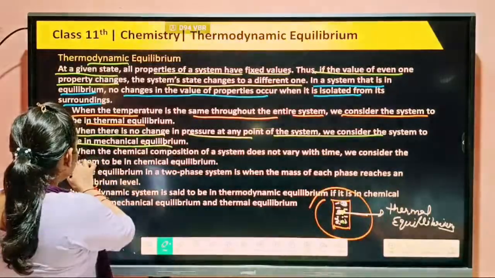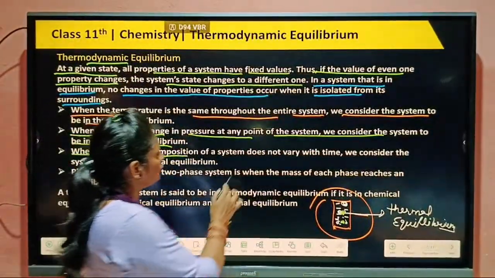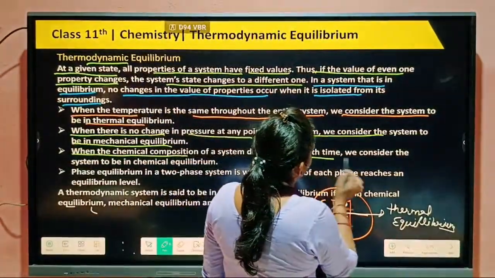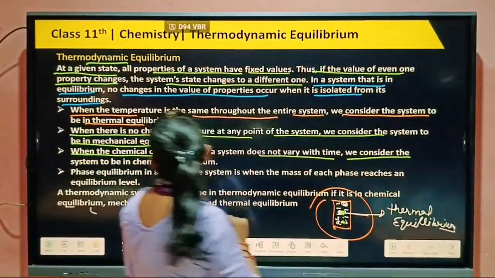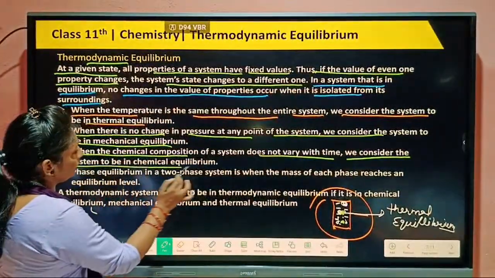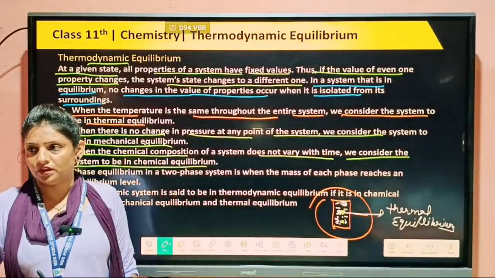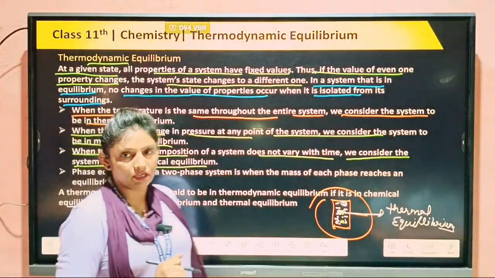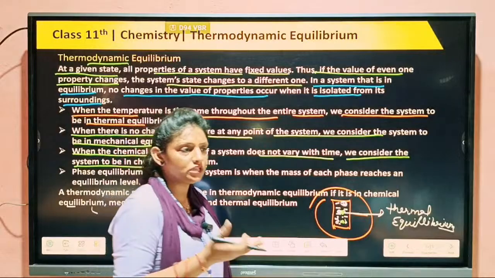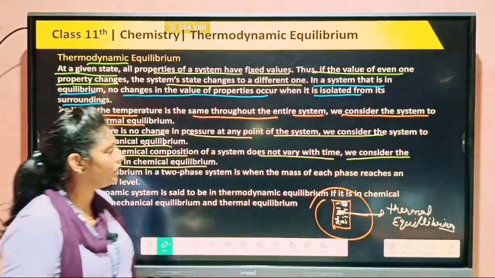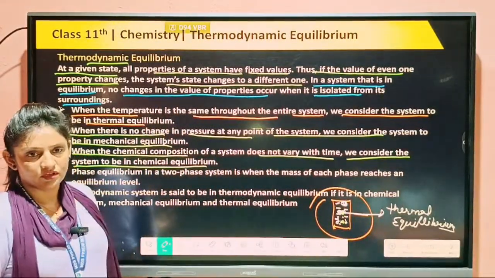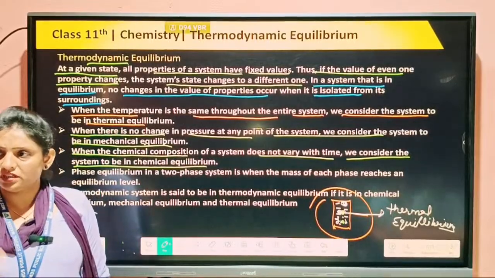Yes. Then students, when the chemical composition of a system does not vary with time, we consider the system to be in chemical equilibrium. If the overall composition remains constant, there is no change in the composition of the system with time.